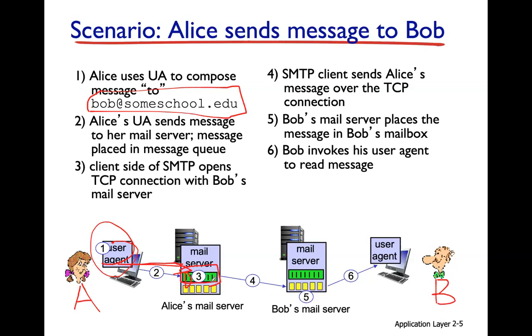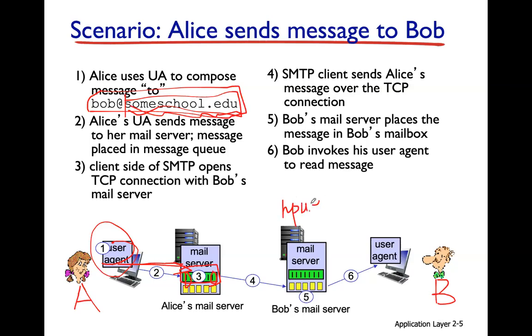And then when Alice's mail moves to the front of the queue, meaning the next email to send out is Alice's email, the mail server will look: okay, someschool.edu, right? This is your destination. Bob is the name, right? So this is some school, for example, hpu.edu.